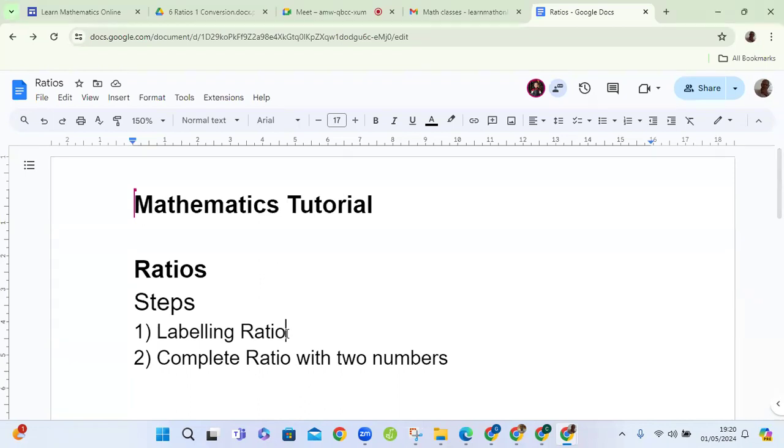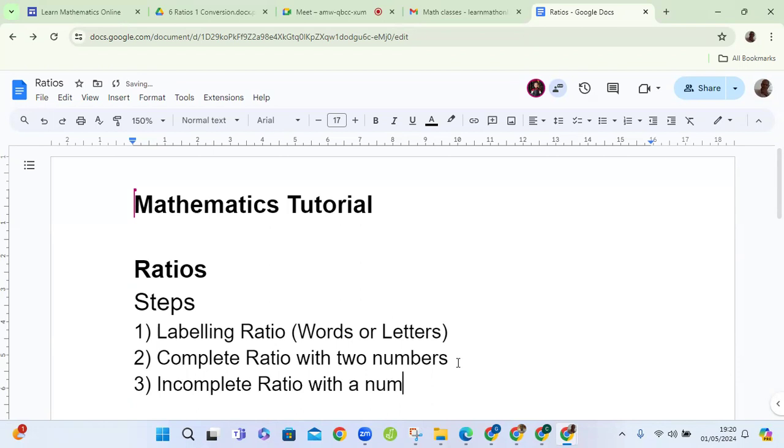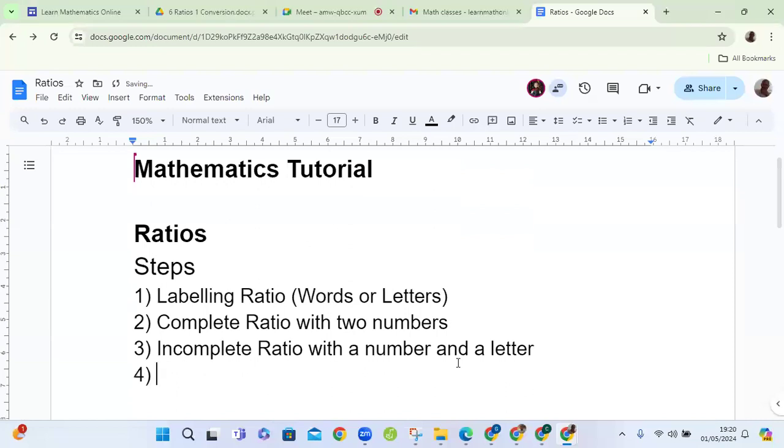You can use words or letters. And the second step is a complete ratio with 2 numbers. The third step now, you need what you call an incomplete ratio with a number and a letter. And the 4th step, you cross multiply and divide.